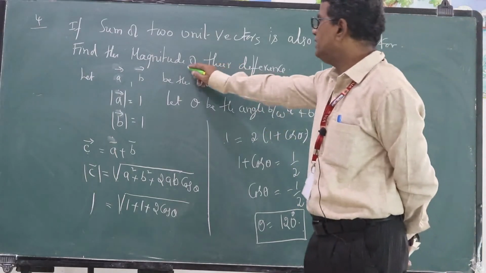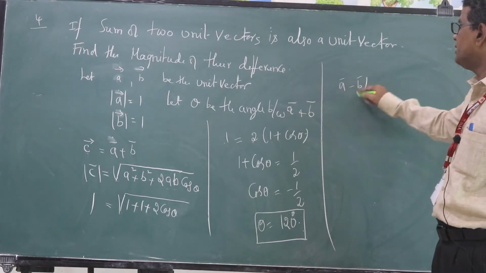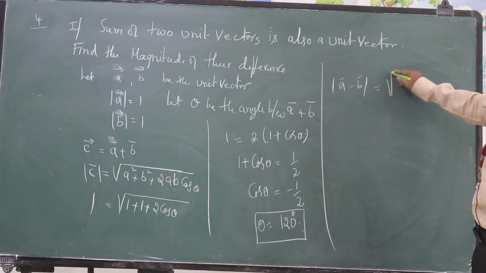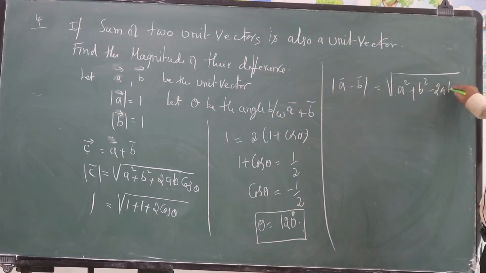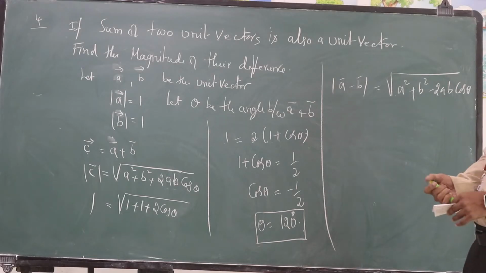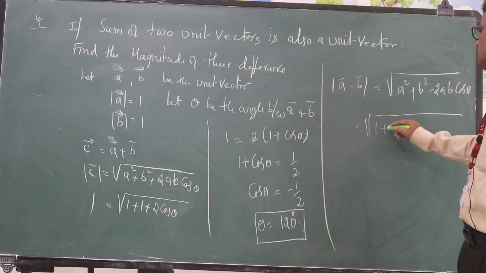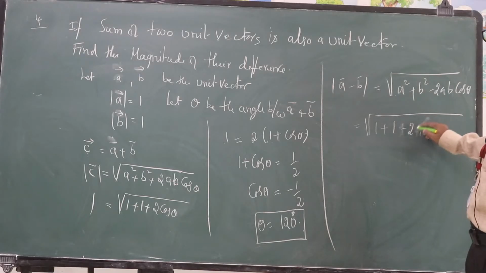We want to find the magnitude of their difference, so we want the mod of a bar minus b bar. It is given by the square root of a squared plus b squared minus 2ab cos theta. That is 1 squared plus 1 squared minus 2 into 1 into 1 into cos theta.